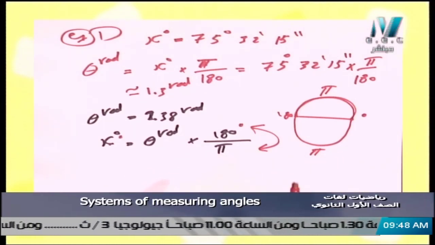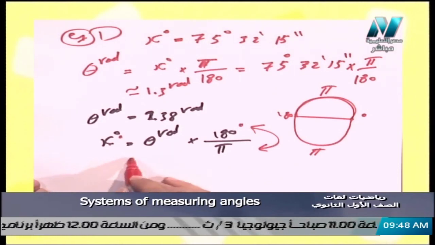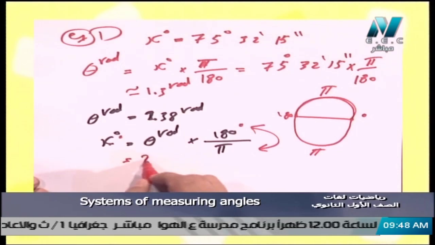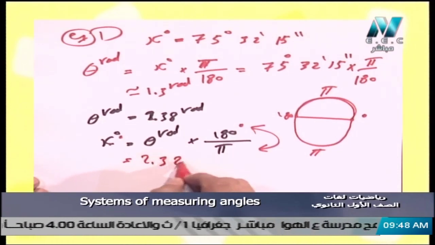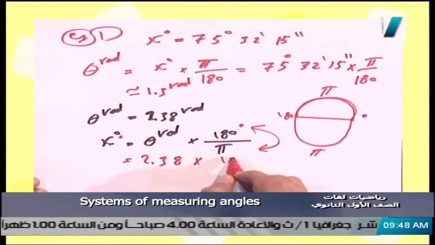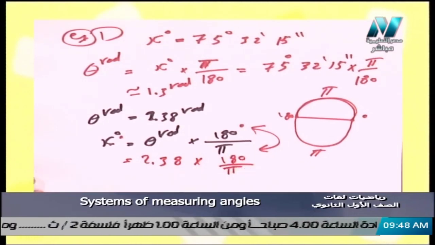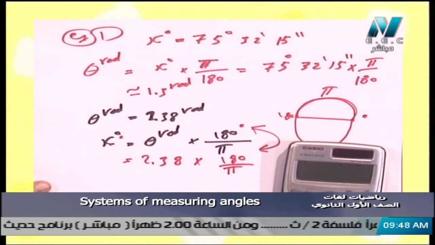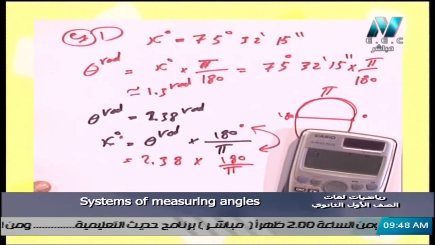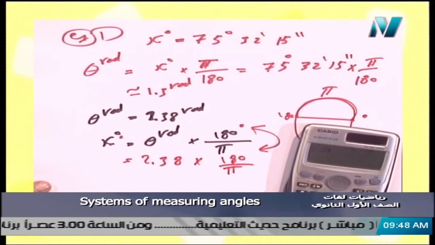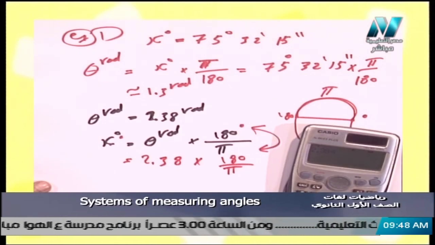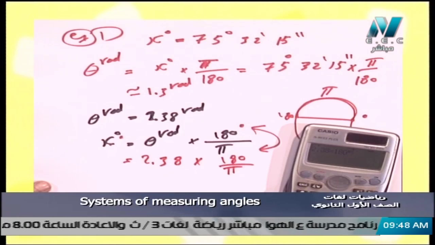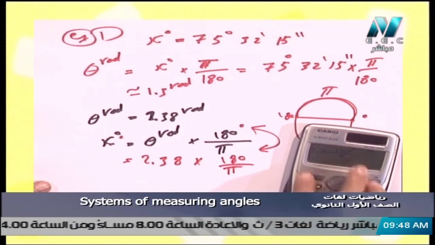Okay, so we have x degrees equals 2.38 multiplied by 180 over pi. You can use your calculator: 2.38 multiplied by 180 degrees over pi.